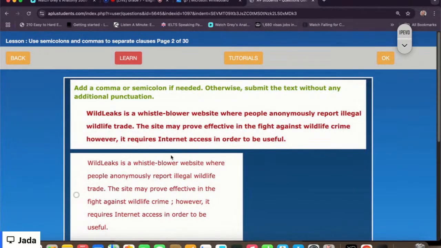Okay, so: Wildlook is a whistleblower website where people anonymously report illegal wildlife trade. The site may prove effective in the fight against wildlife crime. However, it requires internet access in order to be useful. So you have to add a semicolon or comma if necessary.